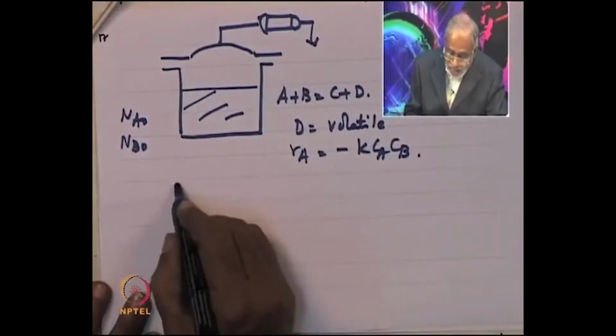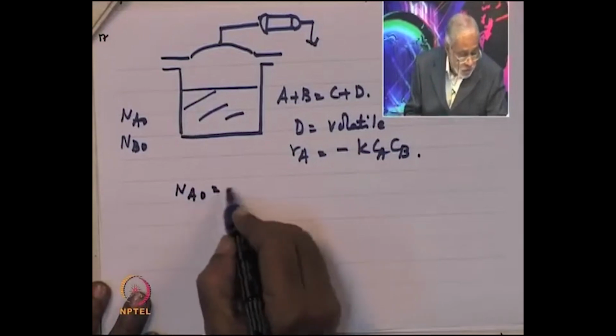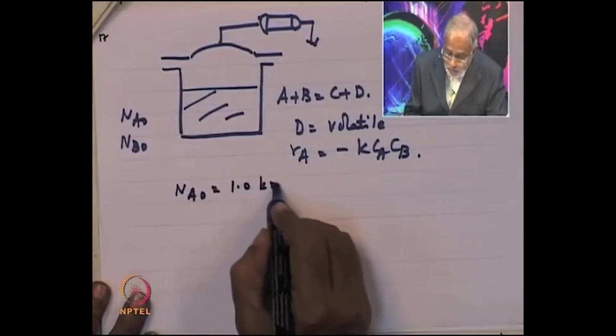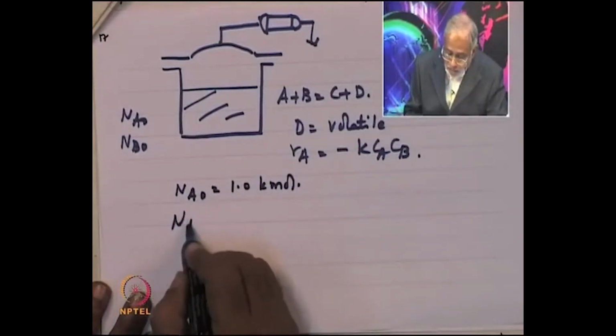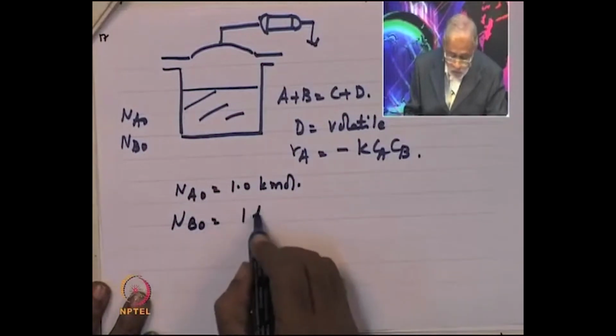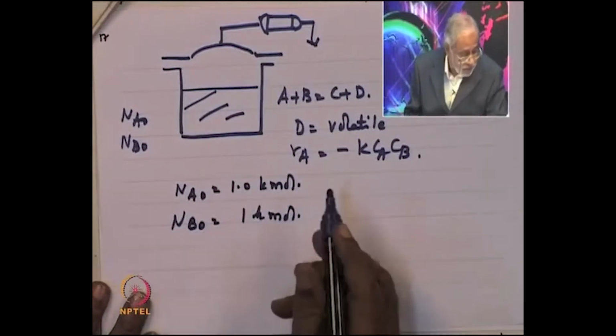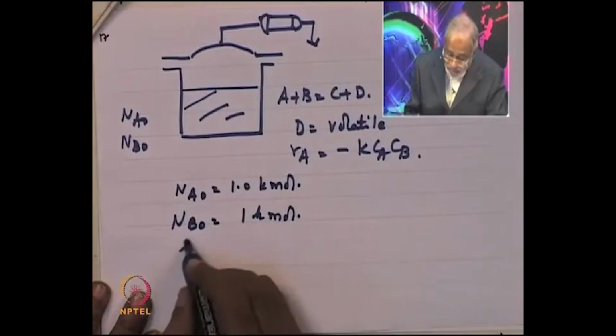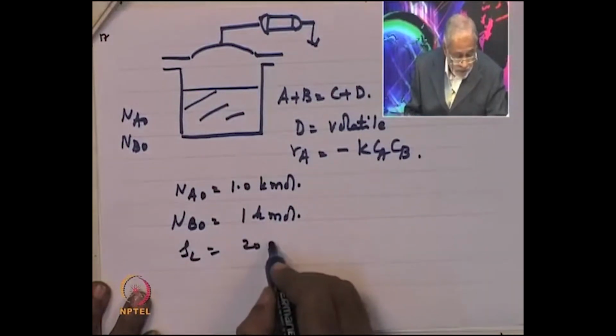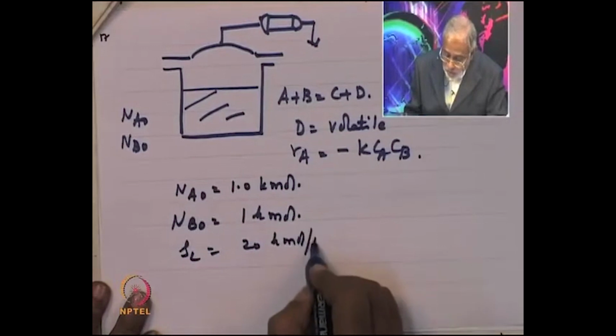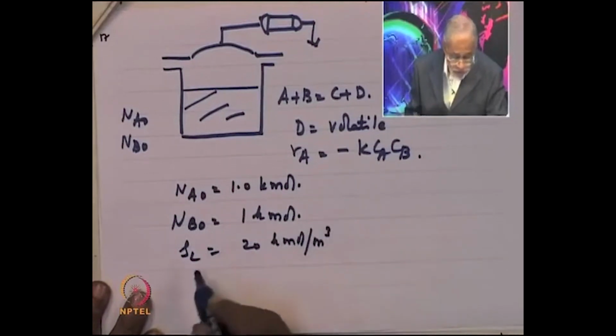The data given is Na0 equal to 1 kilomole, Nb0 equal to 1 kilomole. Then the density is given as 20 kilomole per cubic meter for the fluid.